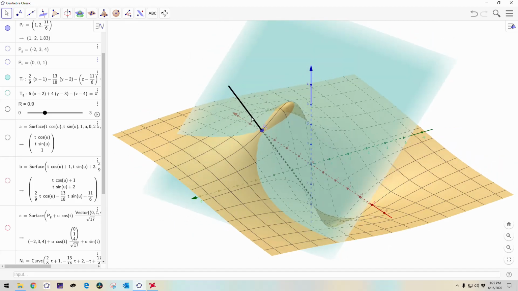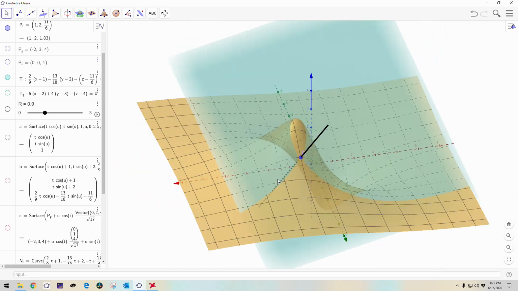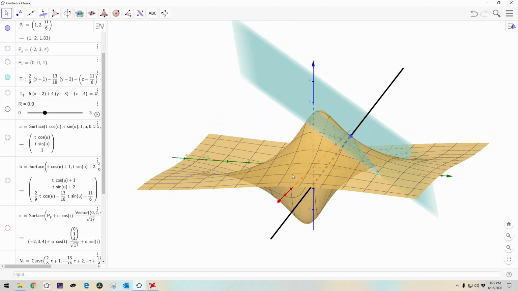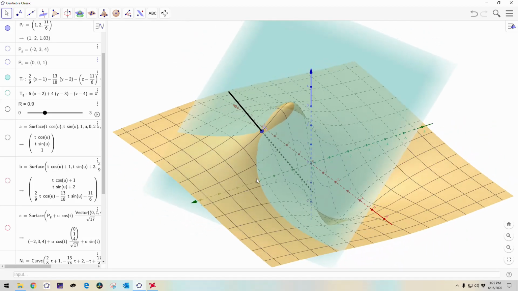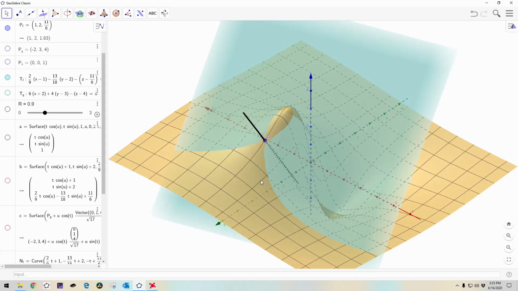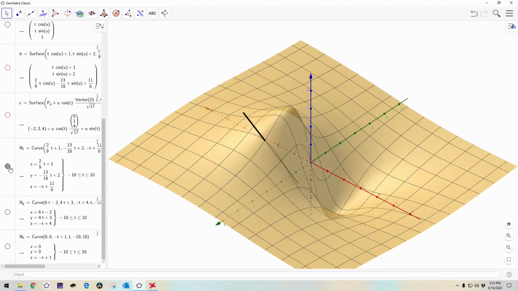You can just take a look at how that's perpendicular to the whole plane there. And that's considered the normal line to the surface. All right, let's move on to the next function.